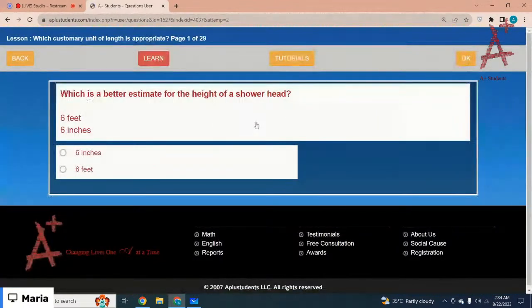Okay, which is the better estimate for the length of a shower head? 6 feet or 6 inches, which is the correct option?